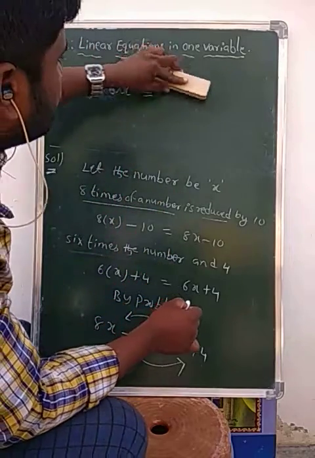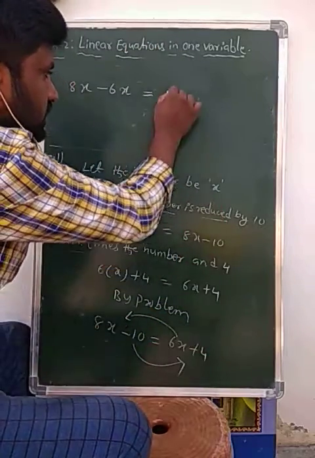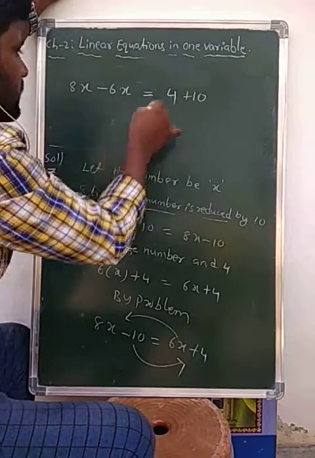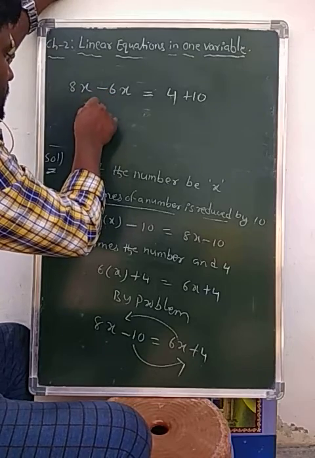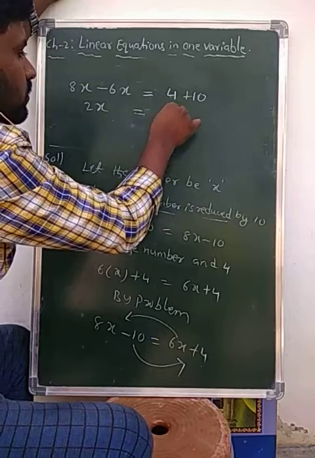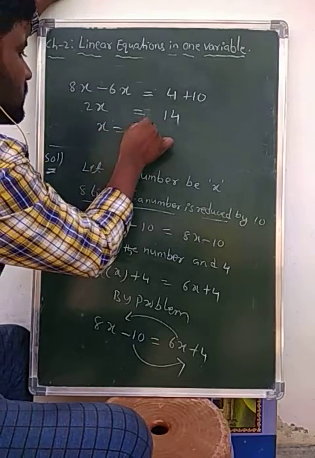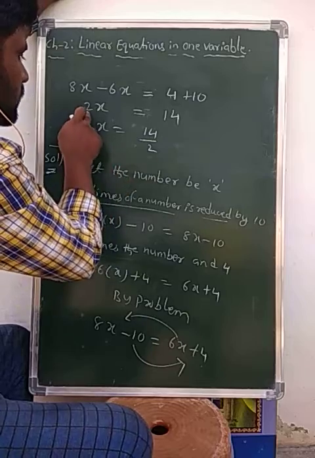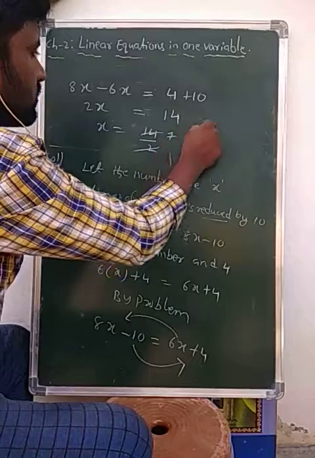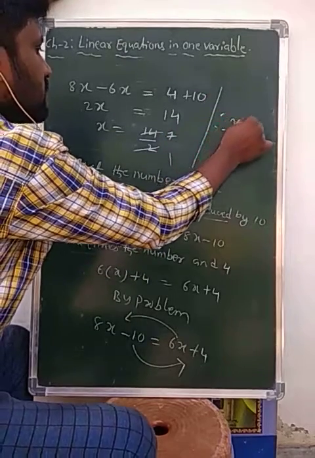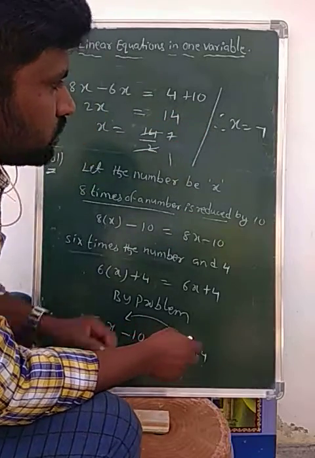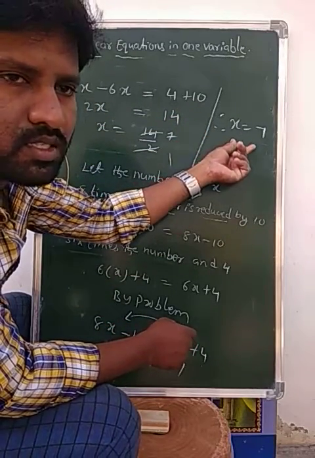Already plus 4 is there, and minus 10 transposing to the RHS side becomes plus 10. 8x minus 6x, that is 2x, is equal to 4 plus 10, that is 14. So x is equal to 14 by 2. A multiplying quantity transposing becomes a dividing quantity. 2 ones are 2, 2 sevens are 14. Therefore x is 7. So the number is 7. This is the required number.